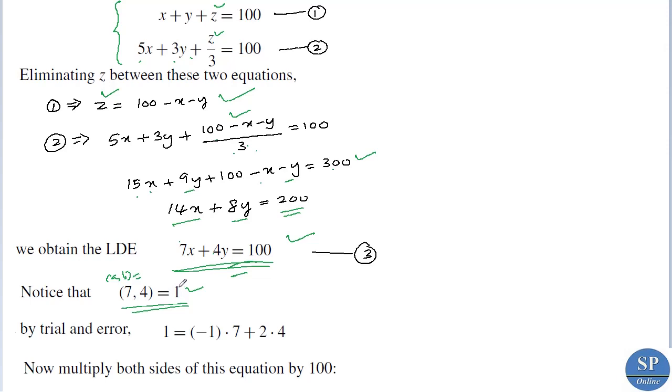Now our aim is to express 1 as a linear combination of 7 and 4. By trial and error we have 1 equal to minus 1 into 7 plus 2 into 4, that is 8 minus 7 equal to 1. Now to find the solution of 7x plus 4y equal to 100, we multiply by 100.